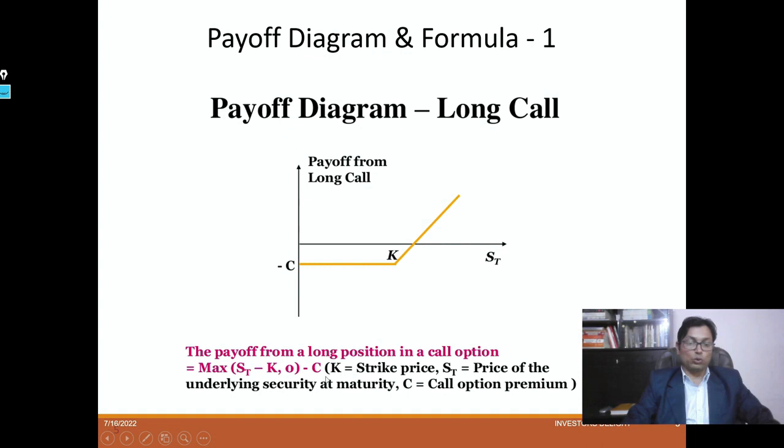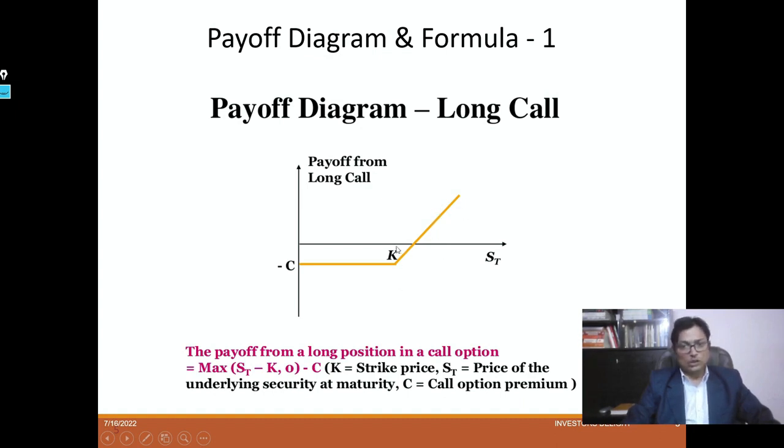Here c is the call option, the value of the call option. As we deduct this call option value from ST minus K, we get the actual value on the y-axis, that is the profitability. So this is the profit payoff from the call option.